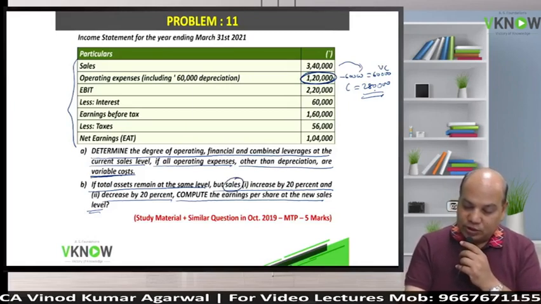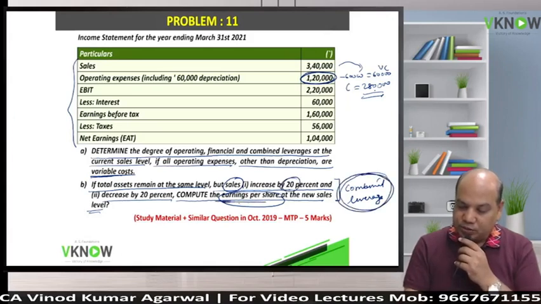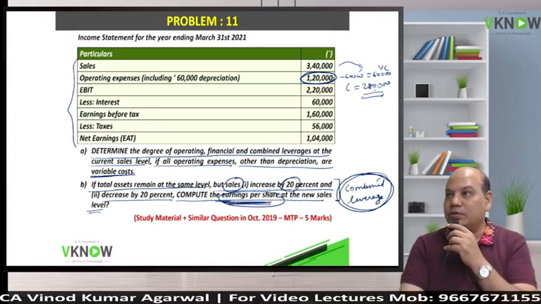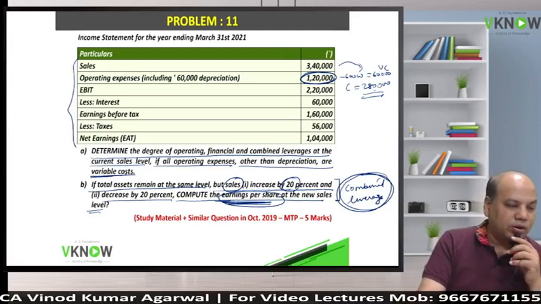Percentage change in sale and change in EPS, these two variables are connected by a leverage called combined leverage. So 20% multiplied by combined leverage will give you percentage change in EPS, and then you can find out the new EPS level. Is it right? Say yes. Yes, sir. Louder. Yes, sir. That's better.